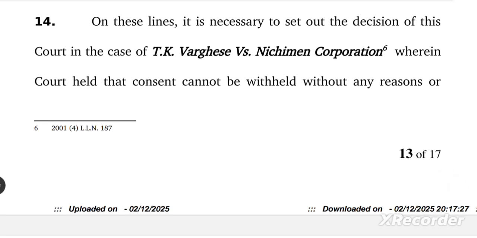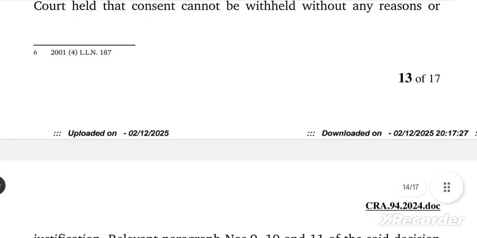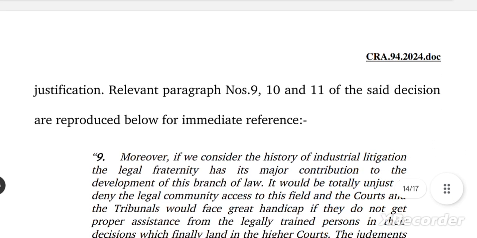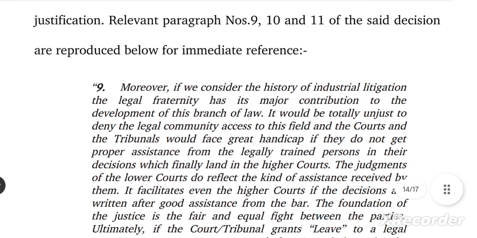On these lines, it is necessary to set out the decision of this court in the case of T.K. Varghese versus Nichimen Corporation, wherein the court held that consent cannot be withheld without any reason or justification. Relevant paragraph numbers 9, 10 and 11 of the said decision are reproduced below for immediate reference.